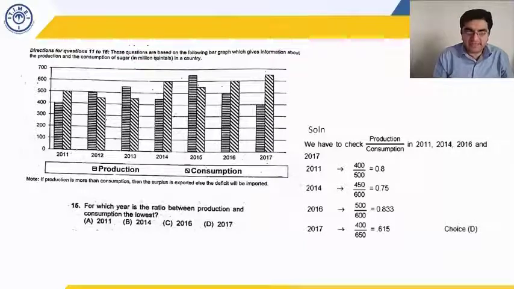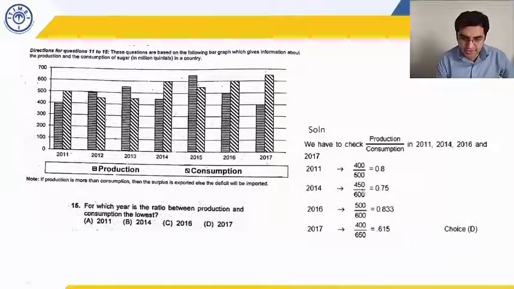So 450 by 600 is also small, but 400 by 650 is smaller, because the numerator is smaller and the denominator is larger. So in fact, without doing any calculations, you would be able to solve this question and get option number D. You would check between B and D, and between B and D without solving, you can see that in option D, numerator is smaller and denominator is larger. So you get option number D.